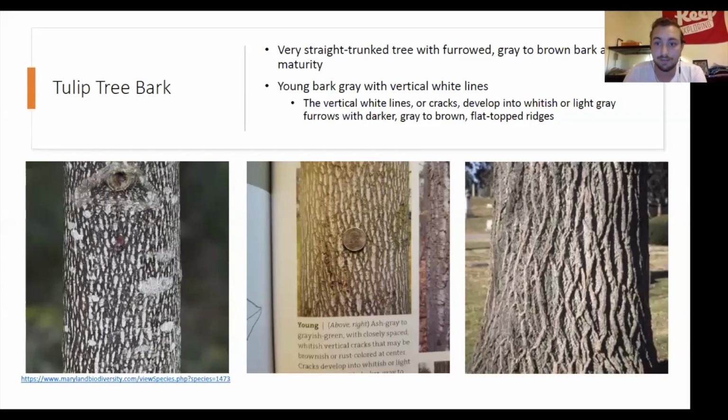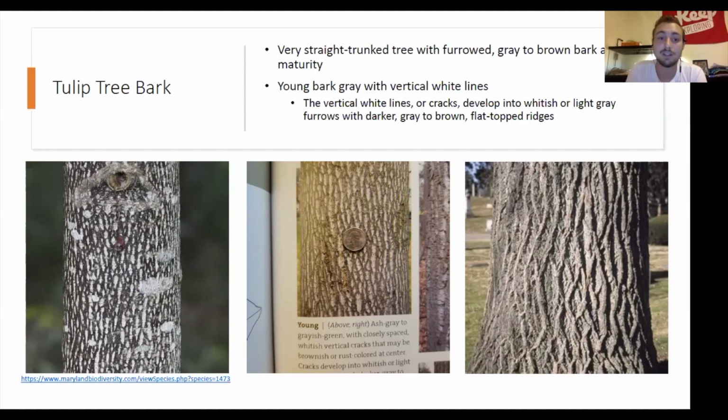Our tulip tree also goes through some stages of maturity with the bark looking different. It's a very straight trunk tree, so it just goes straight up without even curving or bending at all. It's just a very straight trunk, which is why it was a very popular tree for dugout canoes.